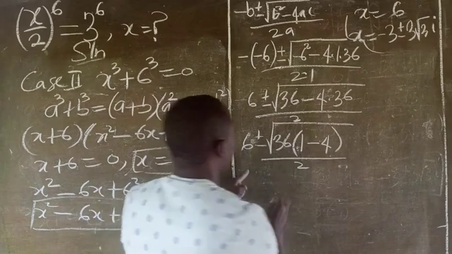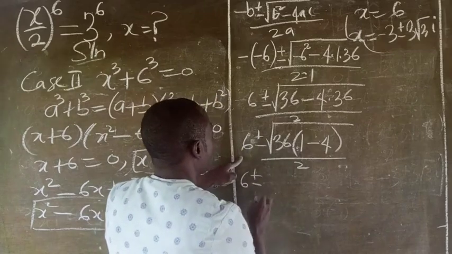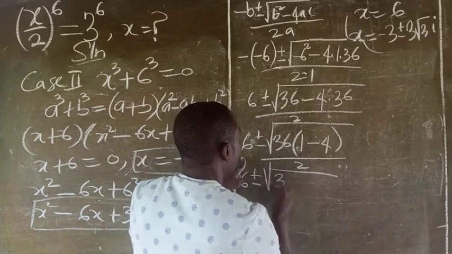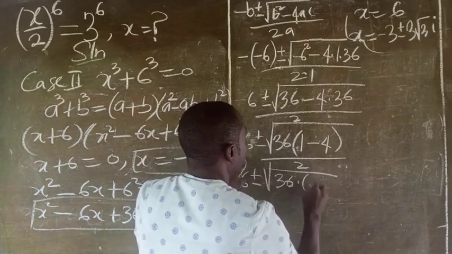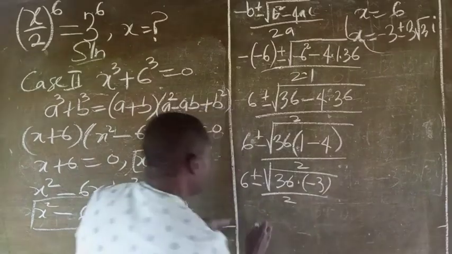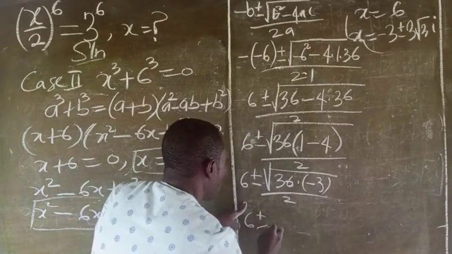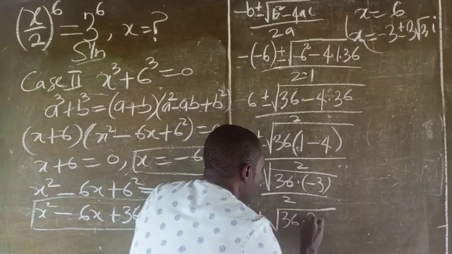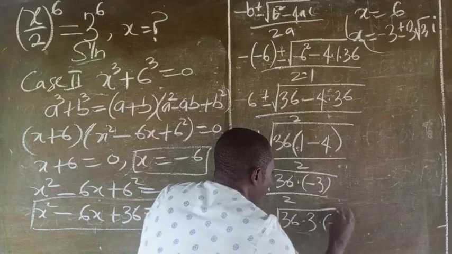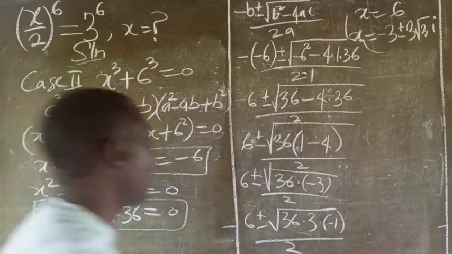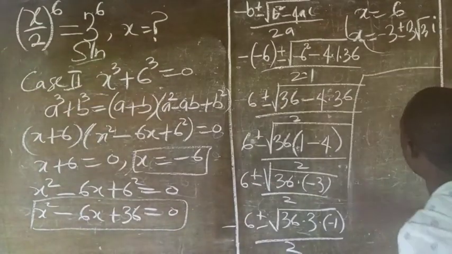And if you do this very well, you're going to have 6 plus or minus square root of 36 times minus 3 all over 2. And it becomes 6 plus or minus square root of 36 times 3 times minus 1 all over 2.